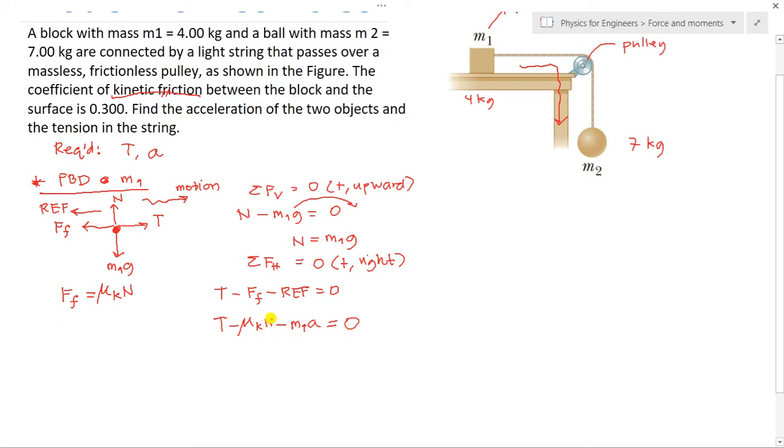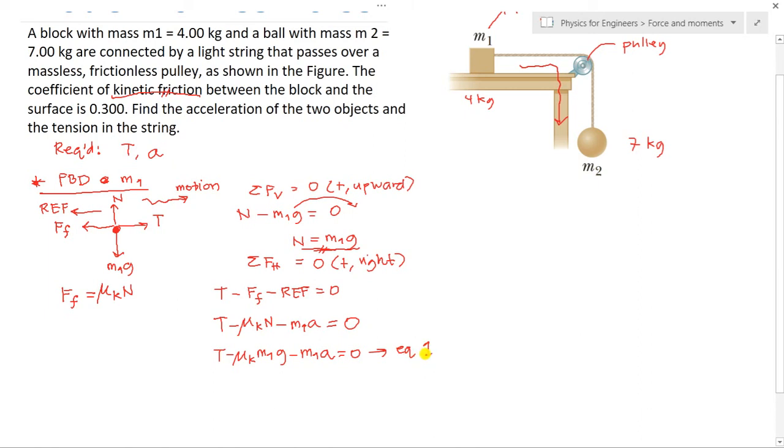Since we already know the normal force is equal to mass 1 times gravity, I can just say that T minus mu k mass 1 times g minus mass 1 times a is equal to 0. So this would be our equation 1.